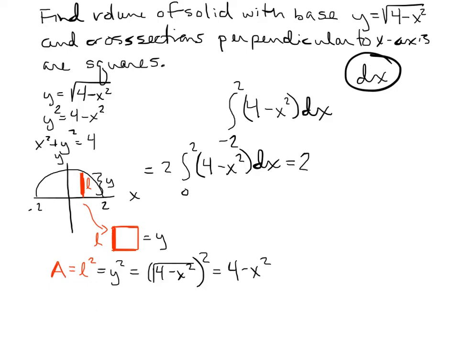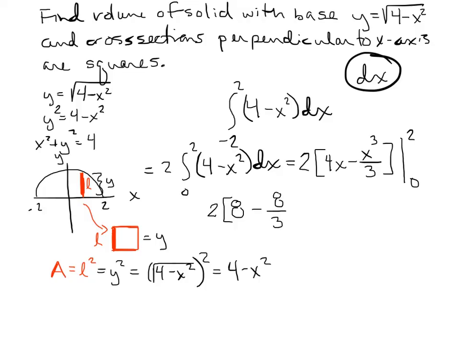Okay, so this is going to give me 2 times the integral of 4, which is 4x, minus the integral of x squared, which is x cubed over 3. And we want to evaluate this from 0 to 2. So this will give us 2 times 4 times 2, which is 8, minus 2 cubed is 8, so 8/3, and then we plug in zeros there, and that would give us zeros.